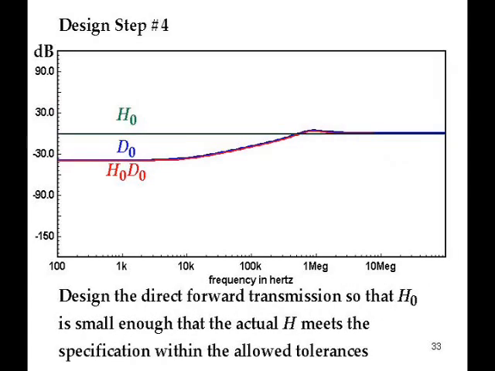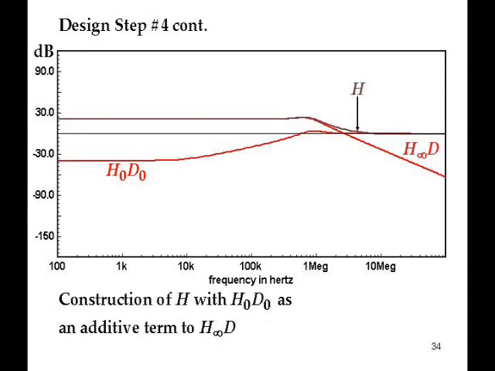Then you multiply H0 by D0. H0 in this particular example is very close to 0 dB. It isn't exactly, but it's very close. And the final step is combining those two factors which are weighted. So the H infinity D falls off at high frequencies. The H0 D0 eventually takes over.